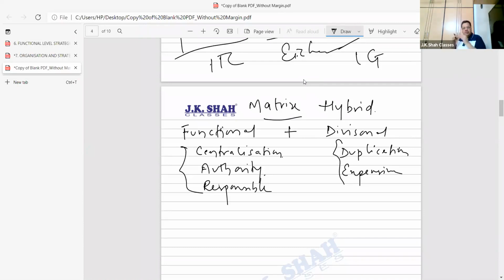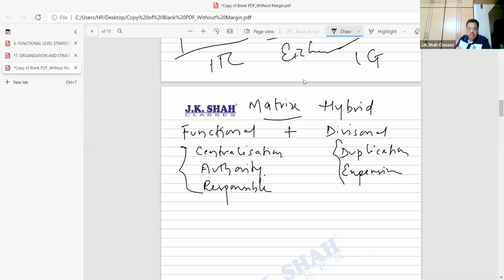So, beta, to take the best of both functional and divisional minus the drawbacks, matrix structure was developed. So, what is matrix? Matrix is actually the combination of functional and divisional. The plus points of functional and divisional, and not its negative points or not its drawbacks.